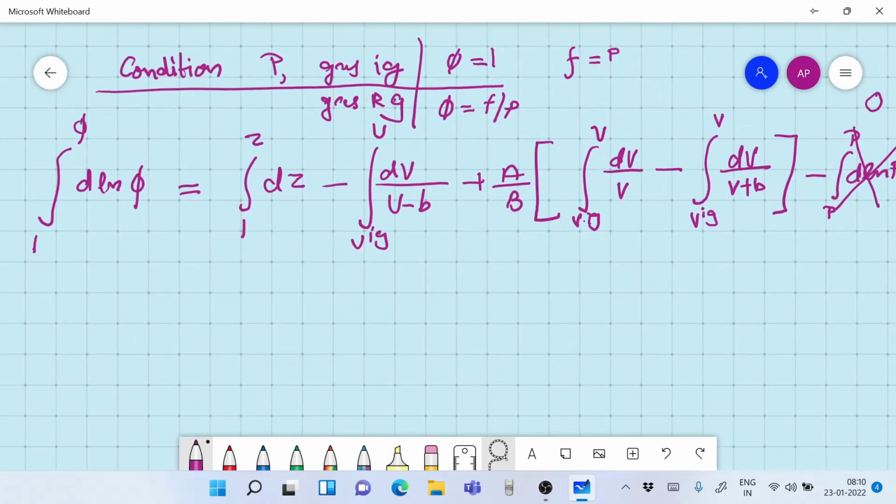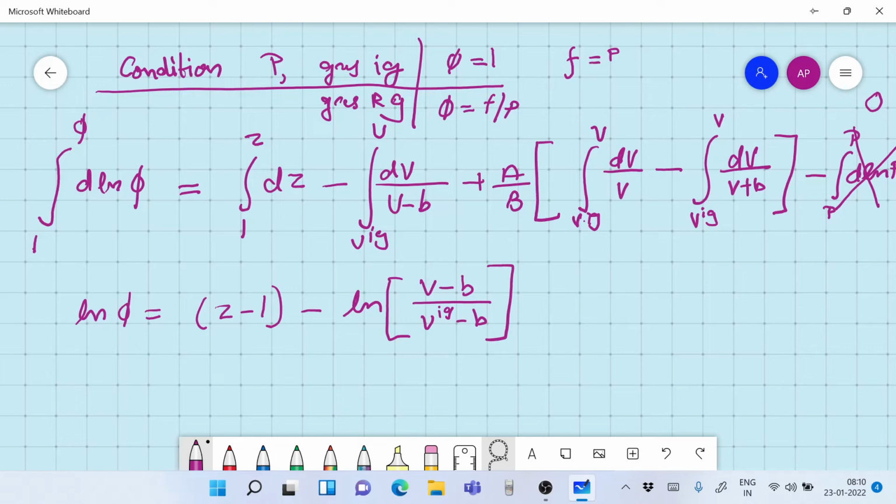Now what we get is ln phi equals z minus 1 minus ln of (v minus b) over (v ideal gas minus b). Now here you will not have b, because b is 0.